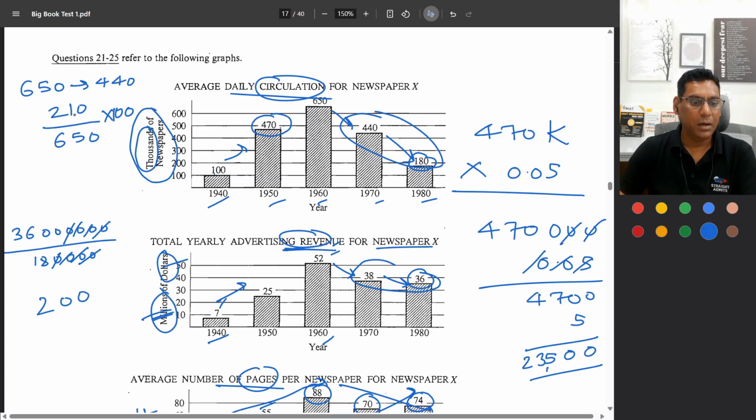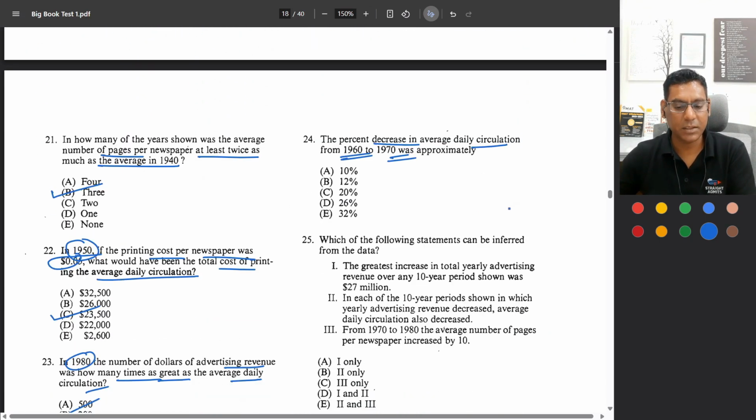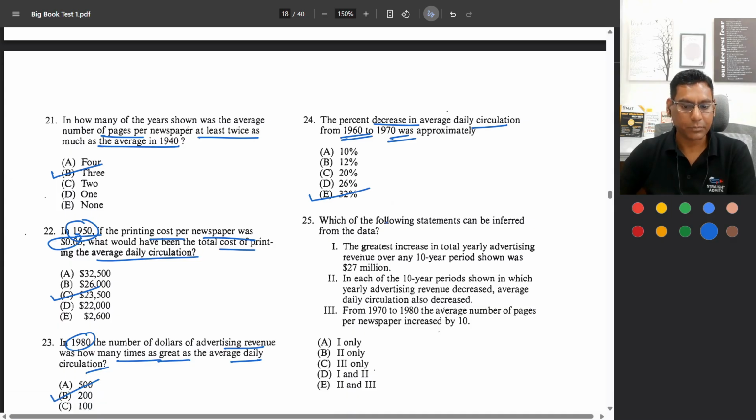Correct? 3 times 210 would be 630. So this is somewhere close to that. You can find out the exact number, but the answer is going to be something like 33% or lower than that. Okay, because the base is bigger than 630, right? So something like 32, 33%. Okay, let's see. 32% is the only close answer choice. So that's the answer choice.